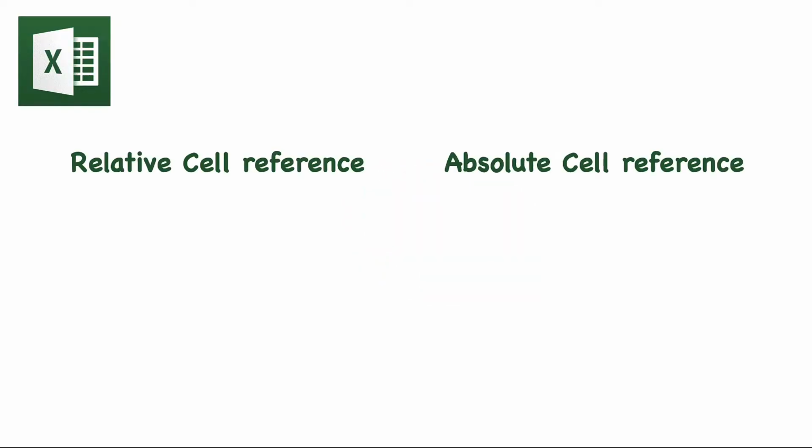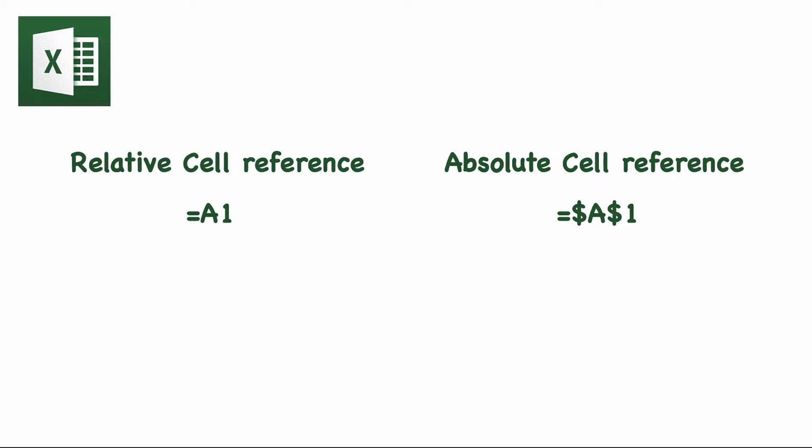Let me tell you first what a relative and an absolute cell reference is. A relative cell reference is a basic reference in a formula that adjusts and changes when copied or when using the autofill tool. And an absolute cell reference is a reference in a formula that does not change when copied or using the autofill tool.